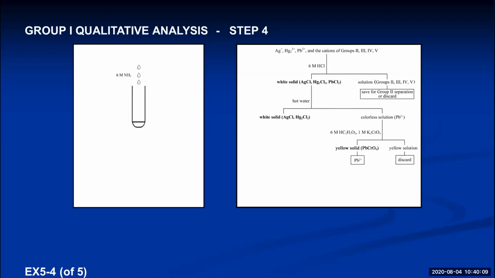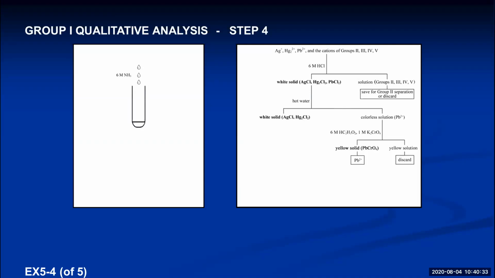That bond is so strong that the ammonia molecules will find the silver ions in the precipitate, pull them out of the precipitate, and you'll actually dissolve the silver ions as Ag(NH3)2+. So by adding ammonia, that silver chloride precipitate will dissolve because a very stable complex ion is being created.